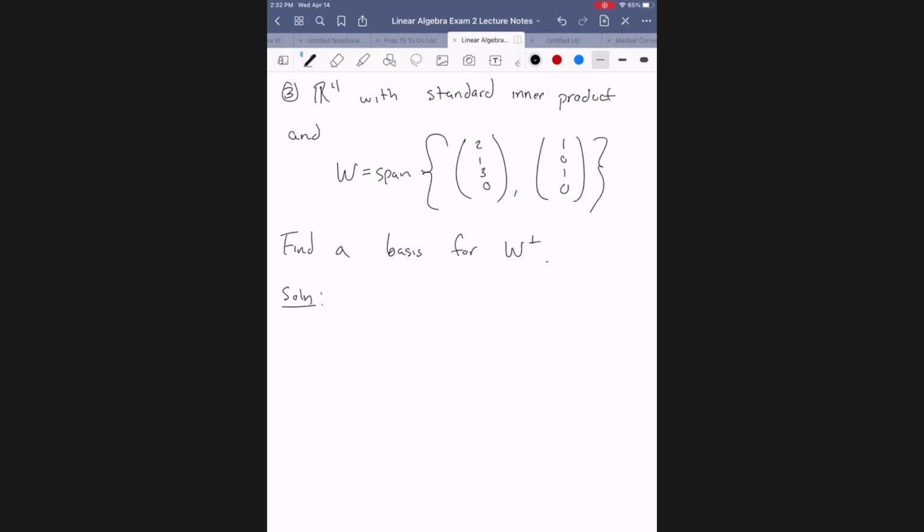First of all, do you guys know what W with that little upside down T means? So you have to know this, right? Orthogonal complement, right? So what's in this W? Like, what's in it?